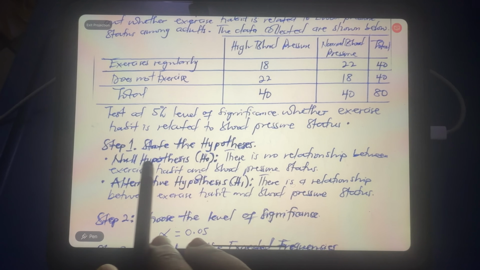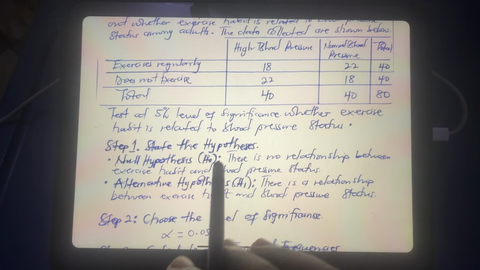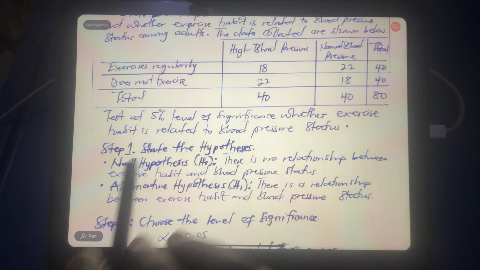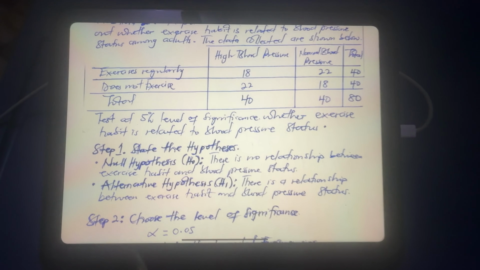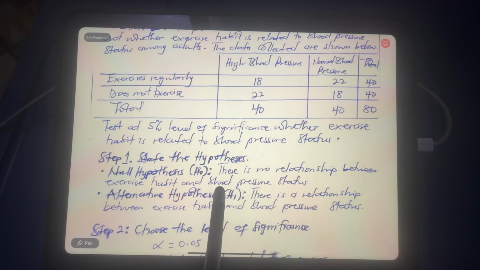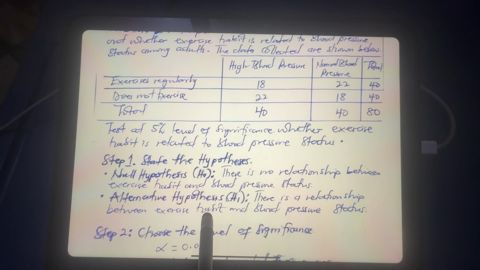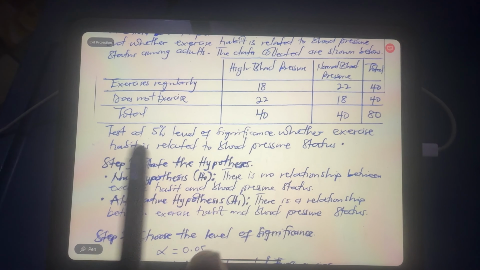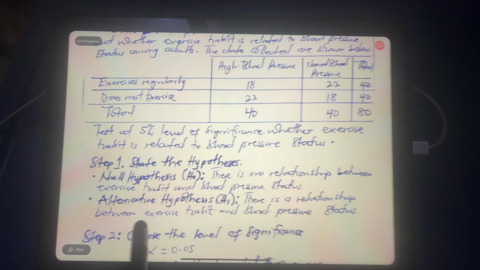You don't need to always write null hypothesis and write in brackets H naught, the H subscript 0. You can just write H subscript 0 without writing the null hypothesis. It's accepted. The alternative hypothesis, you can either write H1 or HA. It's also accepted. So remember, the first step is you state your hypothesis: two hypotheses, the null hypothesis and then the alternative hypothesis.